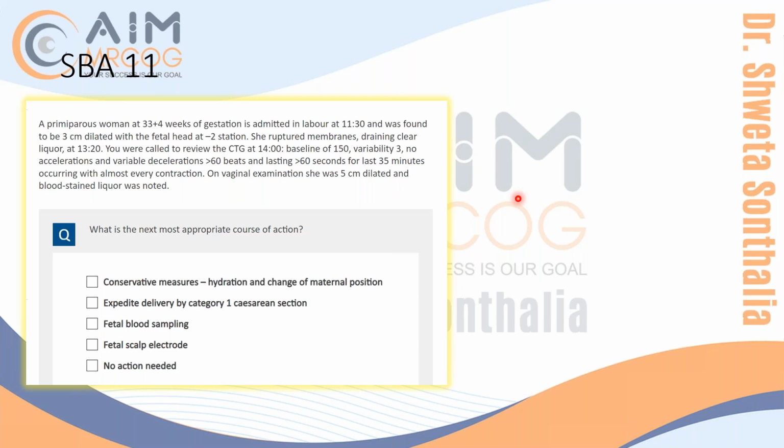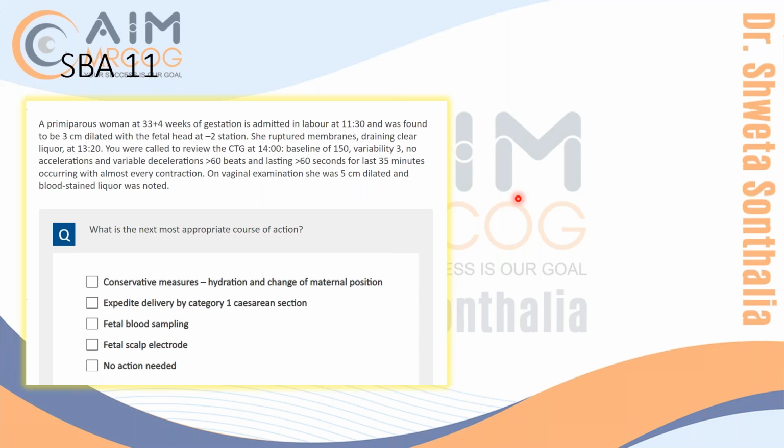Baseline 150, variability 3, no acceleration, and variable decelerations of more than 60 beats and lasting more than 60 seconds for the last 35 minutes, occurring with almost every contraction. On vaginal examination, she was 5 centimeters dilated and bloodstained liquor was noted. What is the next most appropriate course of action? Expedite delivery by category 1 Caesarean section.